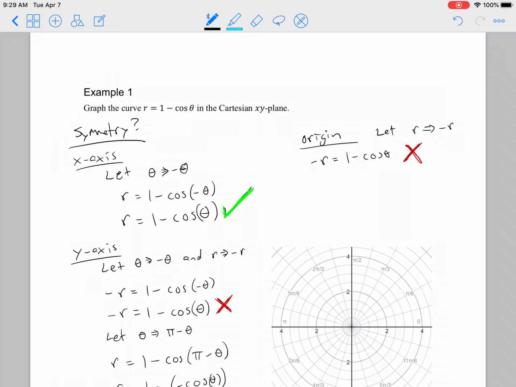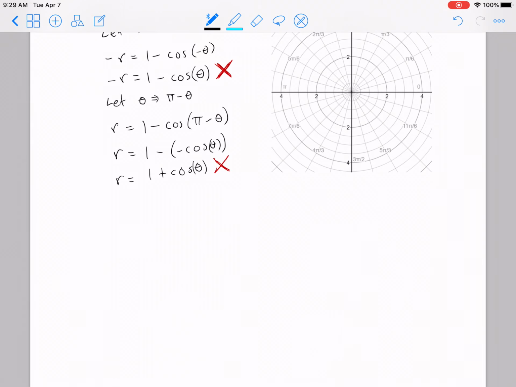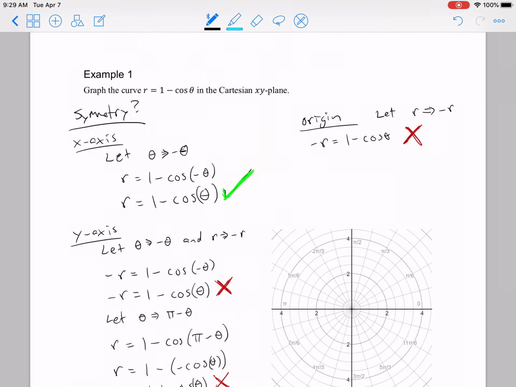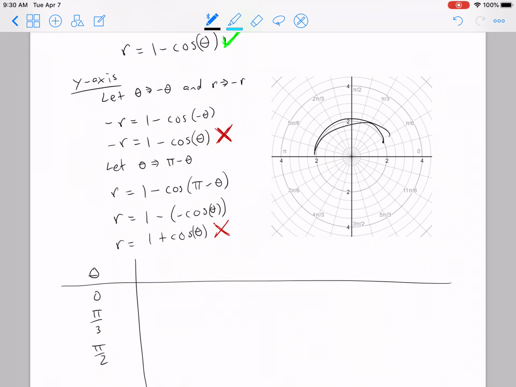So what we can do is just go through and plot out a few points to see what this is going to look like. So let's start with theta. All right, and we can do a few of these. Let's do 0, pi over 3, pi over 2. Remember, we have symmetry across the x-axis, so we really don't need to do anything past pi, because once we get this top half, we can just mirror image it into the bottom half and we'll be good.